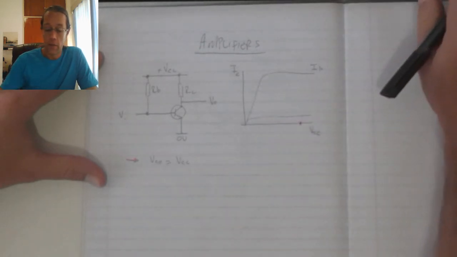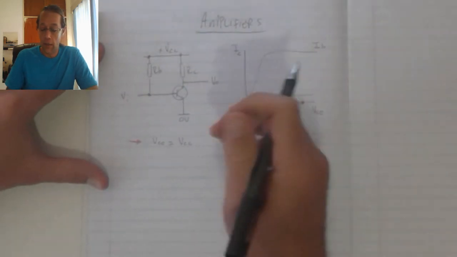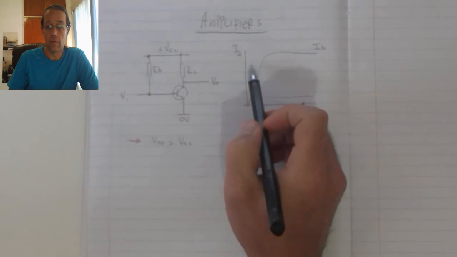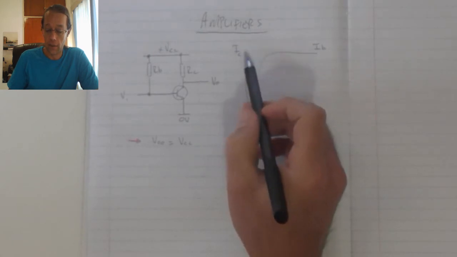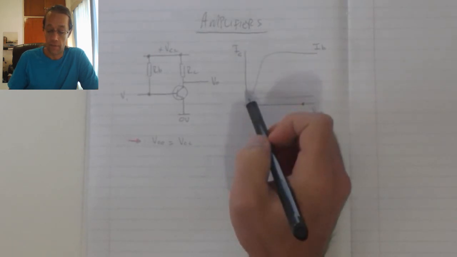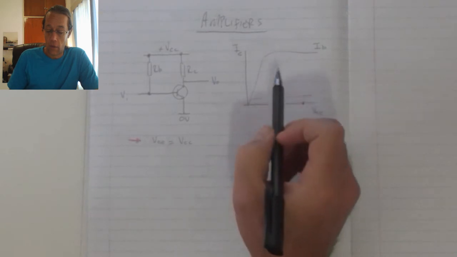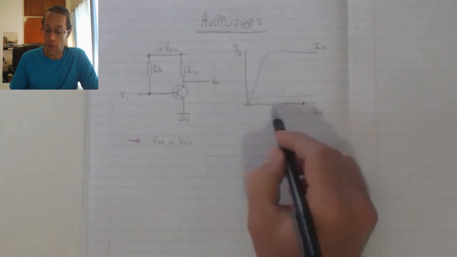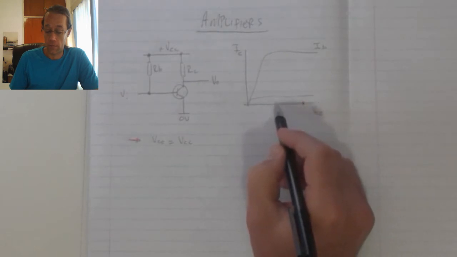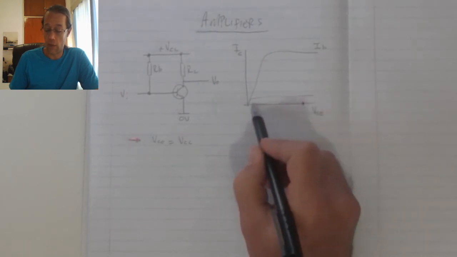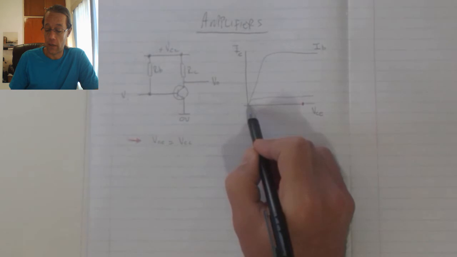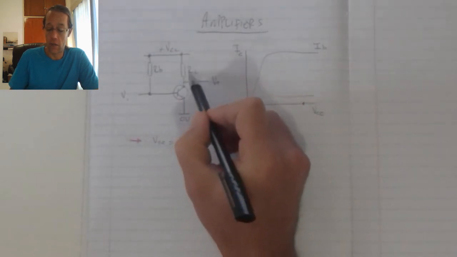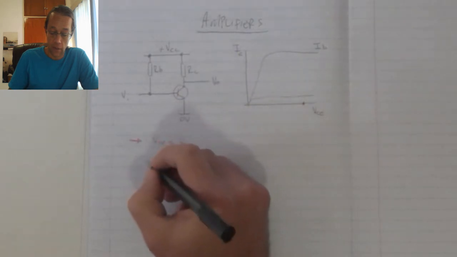Next is the calculation whereby we look at what is the maximum collector current that's going to flow through my transistor. This is the point whereby the transistor is going to be completely on, whereby it's got 0 volts across itself, and as a result all the voltage will be seen on the collector resistor.